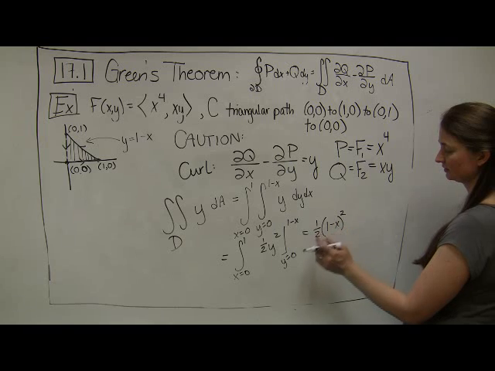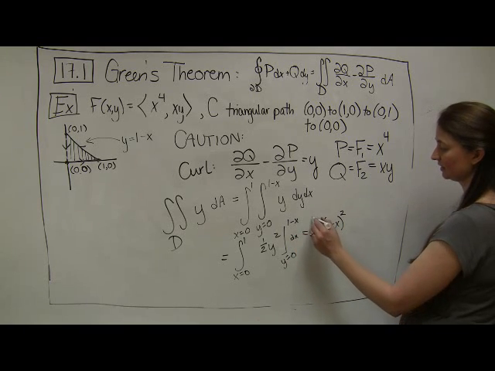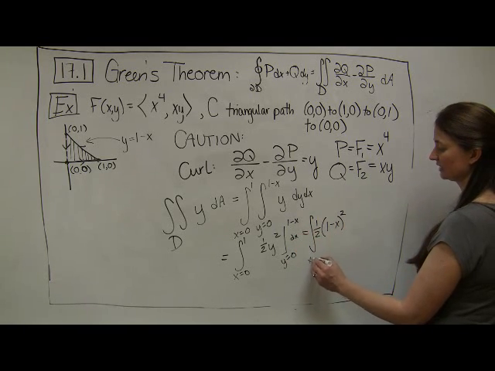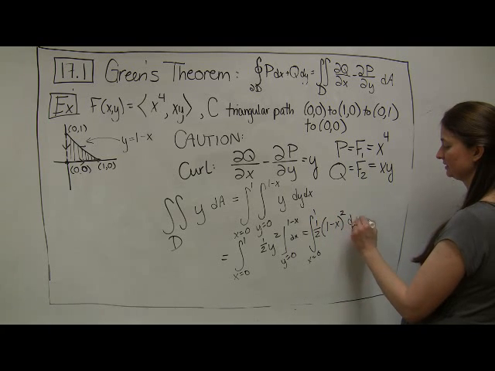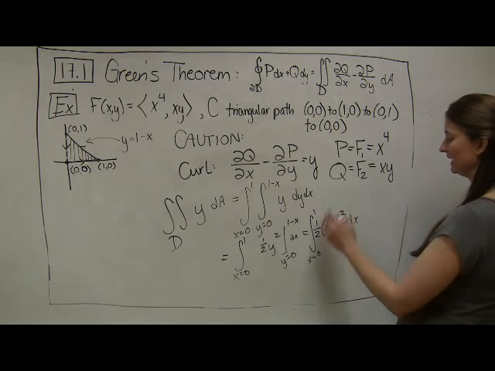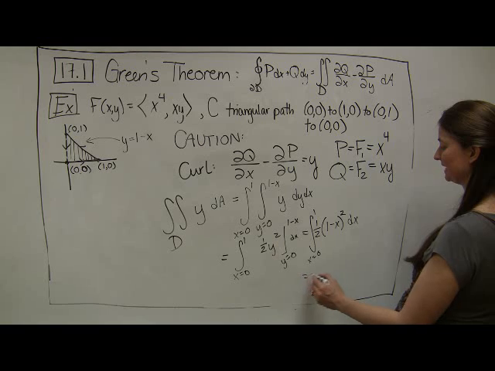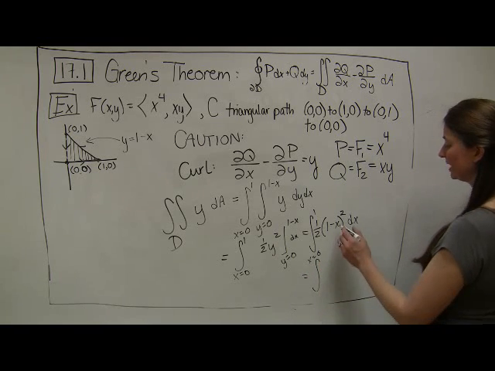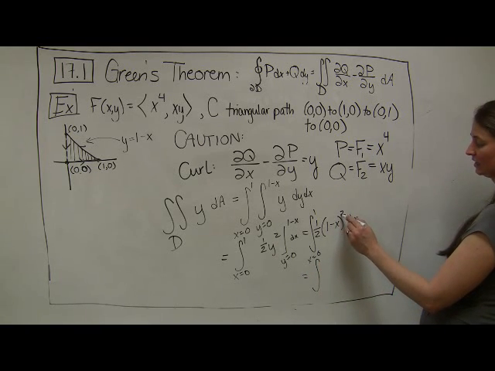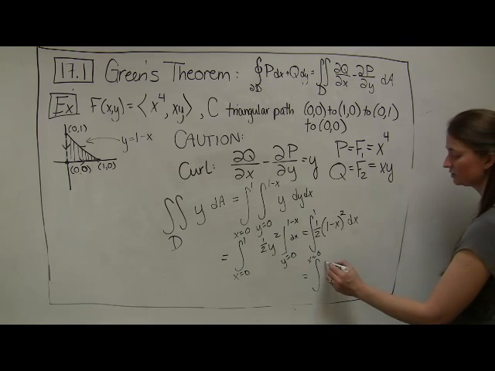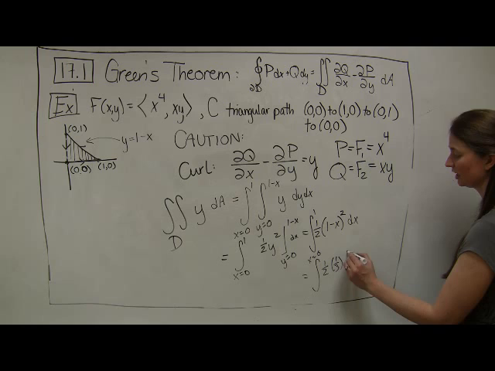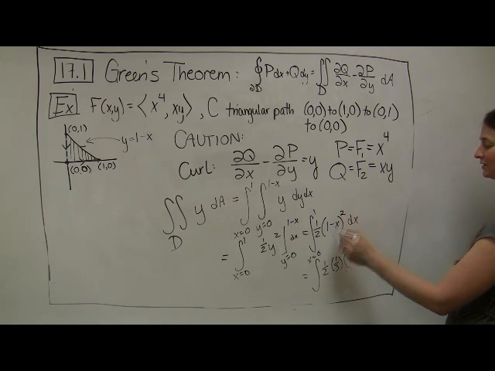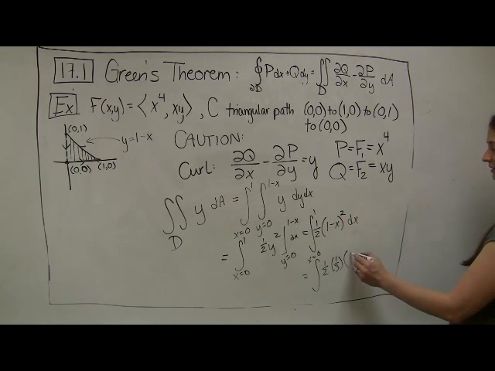And this chunk, whoops, I'm missing a little dx out there, is the integral as x goes from 0 to 1 dx. So I'm going to integrate this with respect to x. And what do I get? I raise this to the third power, so I get 1/2 times 1/3 times (1 minus x) to the third.